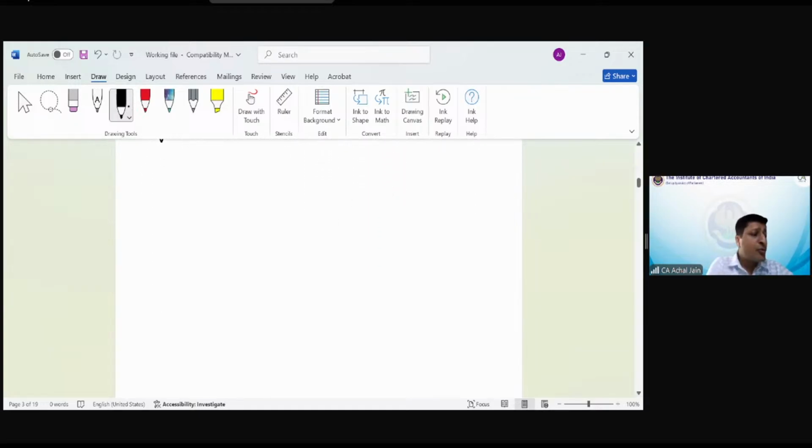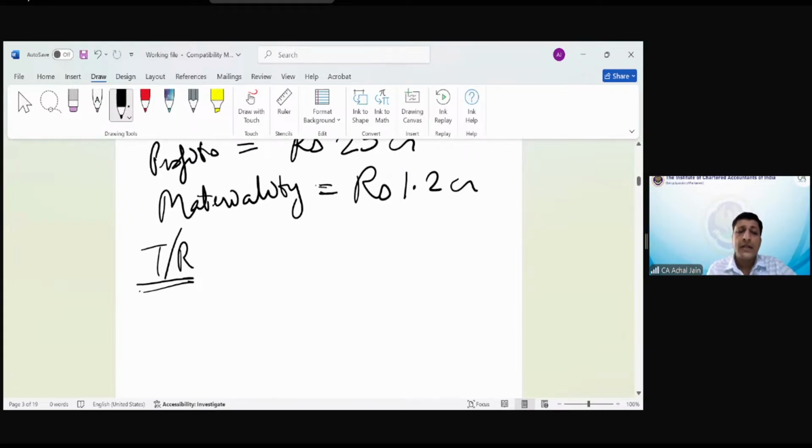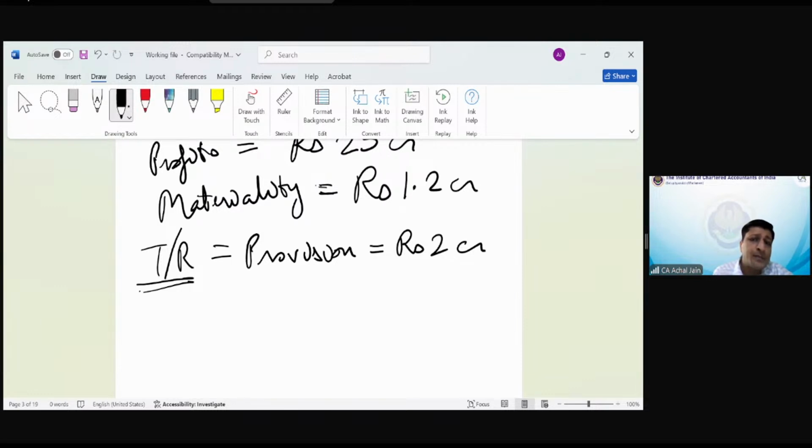When the auditor reviewed the trade receivables, the auditors are of the view that a provision should have been created for rupees 2 crore, but this has not been created by the company.